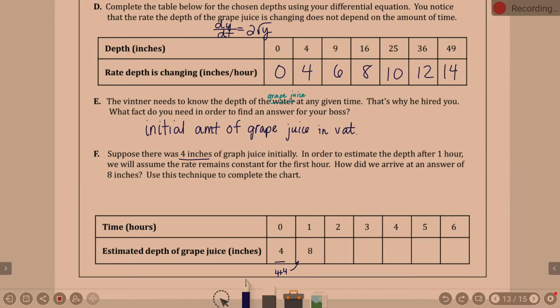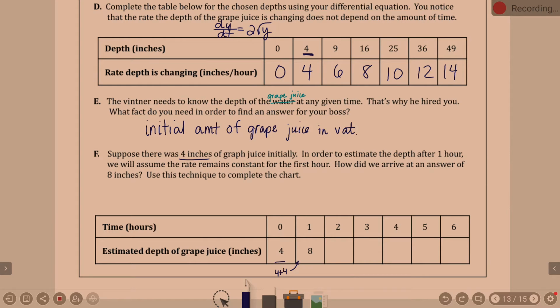With that in mind, how do I want to do this? Actually, wait a minute. I need to take you to a different place. Sorry. Right here, the estimated depth of grape juice was 4 inches, yes? Go up to this chart here. What do we know? This is where I need to connect. When the depth is 4 inches, what is the rate the depth is changing at? 4 inches per hour.